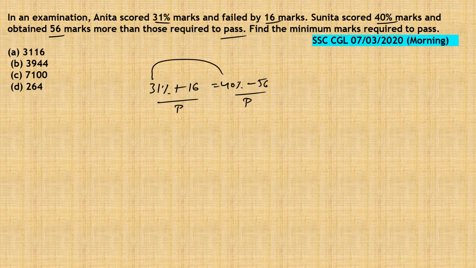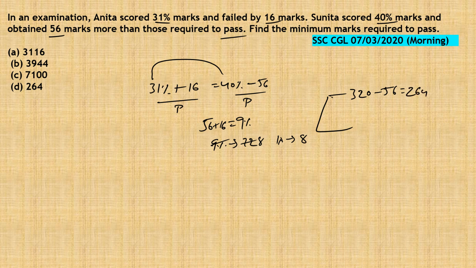If you equate it, 40 minus 31%, that is 9%, denotes 56 plus 16, that is 72. 9 8s are 72, so 1% denotes 8 marks. 40% denotes 8 into 40, that is 320, minus 56, which gives the passing marks. 320 minus 56 is 264. 264 is the passing marks.